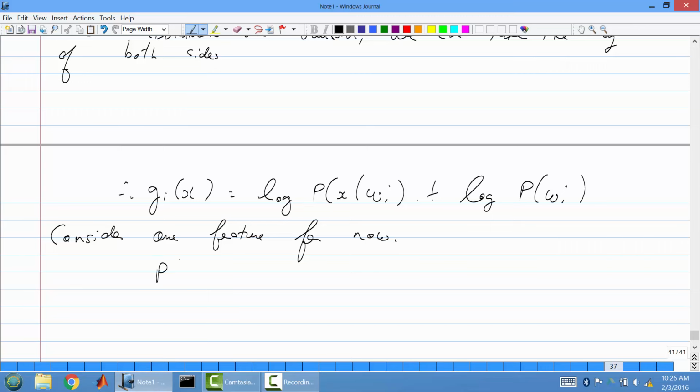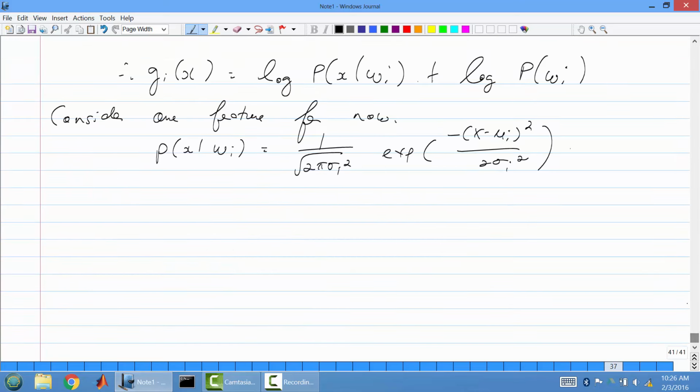For one feature, it's just the normal Gaussian distribution here. So if I were to take the log of this, what's going to happen?